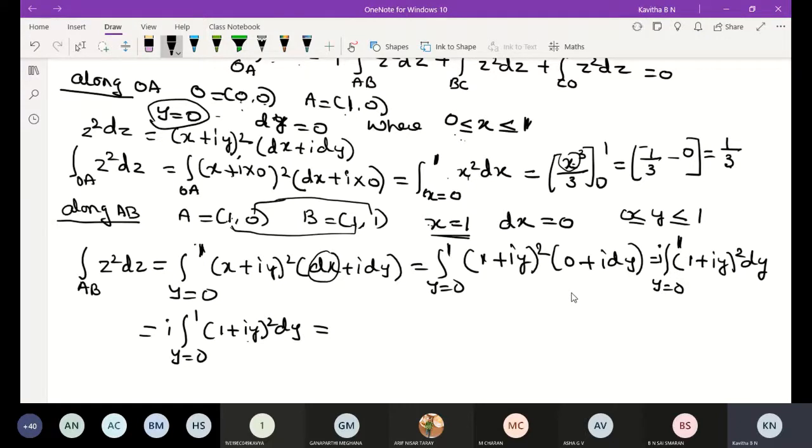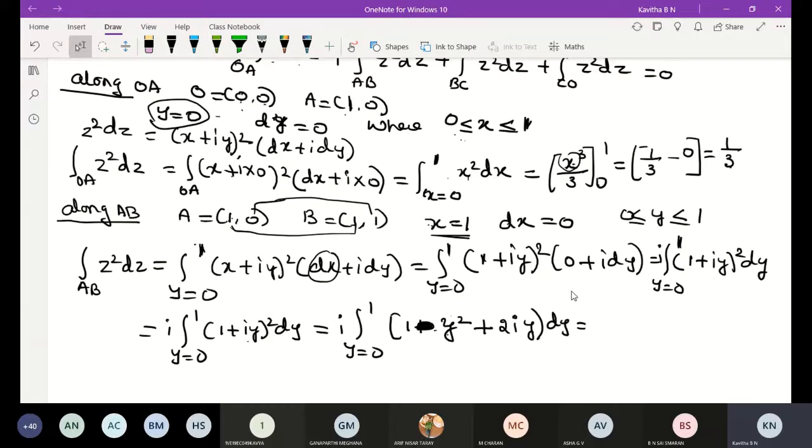Then integrate. Observe here, i times the integral of y from 0 to 1 of (1 plus iy) whole square dy. Then simplify using the a plus b whole square formula: integral of 1 plus i square y square, and i square is minus 1, so minus y square, plus 2ab, which means 2iy, into dy.